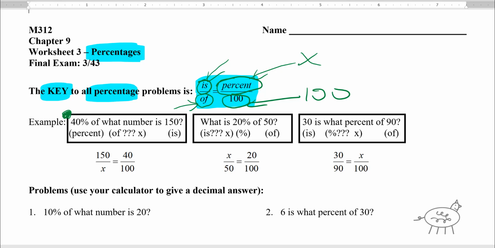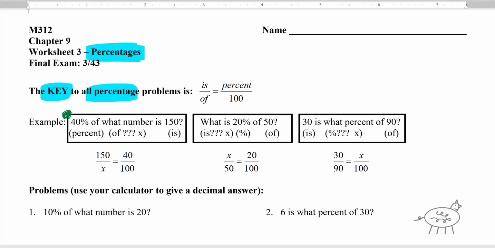You see the percent there, so the 40 goes right here. 40% of what number?